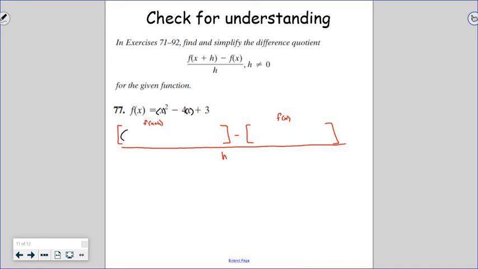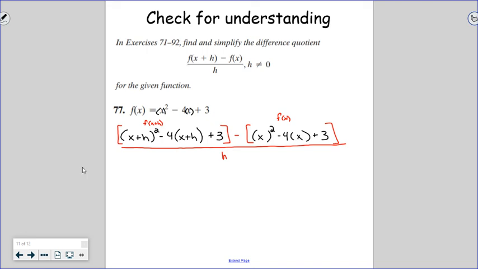So it's going to be x squared minus 4x plus 3, x squared minus 4x plus 3, and then you just specifically plug in whatever they ask you to evaluate the function for those different times. The first time, you are evaluating the function for x plus h. So in each of those openings, I would put in an x plus h. The second time, you are evaluating the function just for x, which ends up looking just like the original.